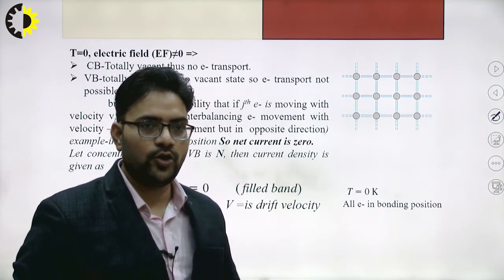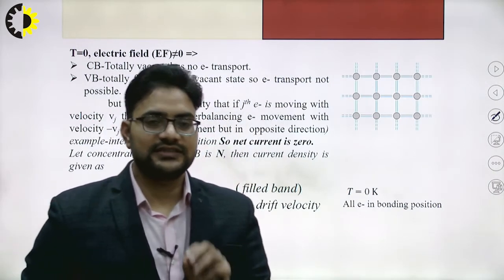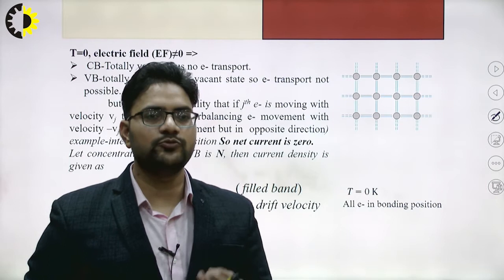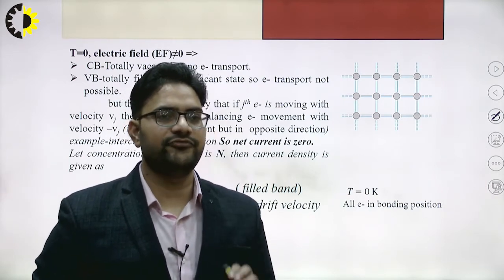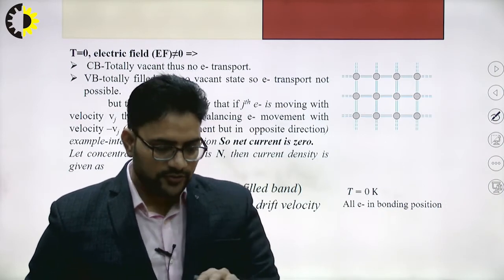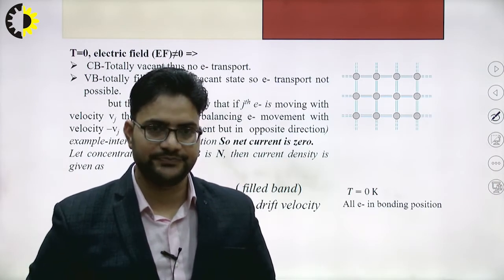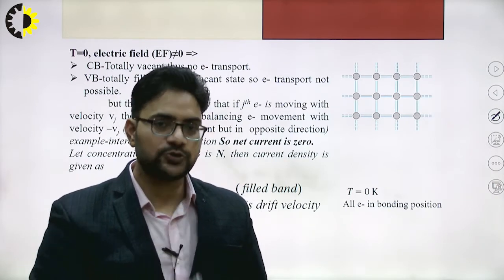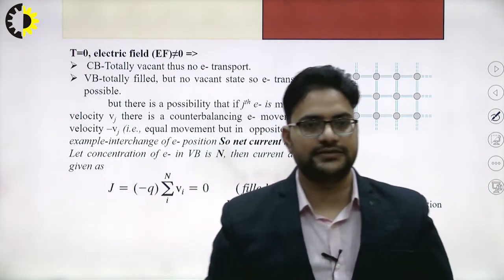Although due to this electric field there will be some movement, the valence band will be completely filled. Movement will be within this valence band only. No electron will reach from the valence band towards the conduction band, right?